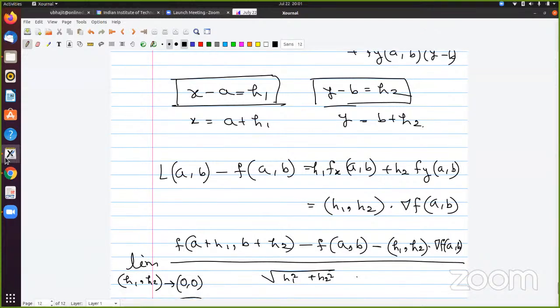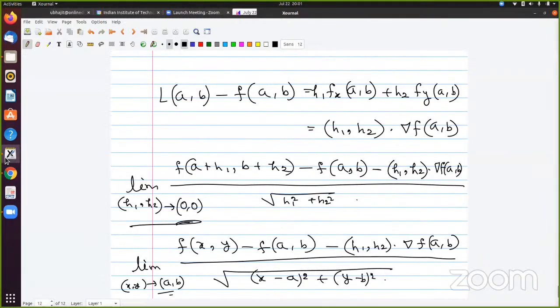Sir, in the second last line, where did we get this minus f(a,b) minus h1, h2 dot product with the gradient? What have we equated it to? The value of the function at (a,b)? No. See, this is L(a,b), the linear approximation at the point (a,b).